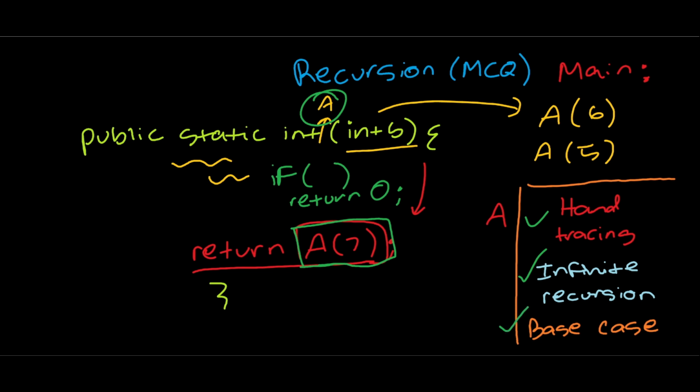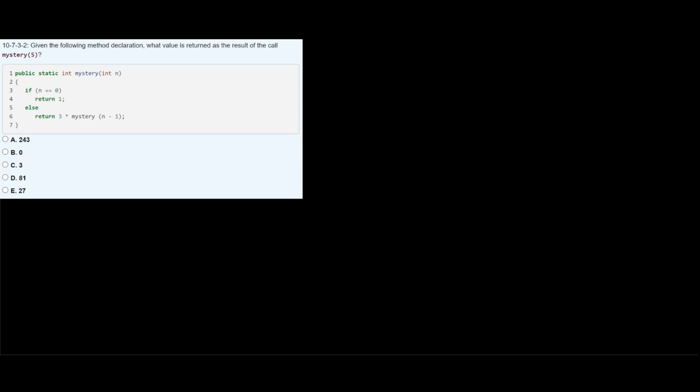I'll use these vocab words while we're doing the questions so you can see them in an actual problem that you might see on the AP exam. MCQ problem, and take a minute to pause the video and see if you can do it yourself. Okay, so hopefully you gave it a shot and maybe you even got an answer, but I'm going to go over it nonetheless. As you can see, we have this mystery method which is returning an int, and remember how I talked about what our base case is?